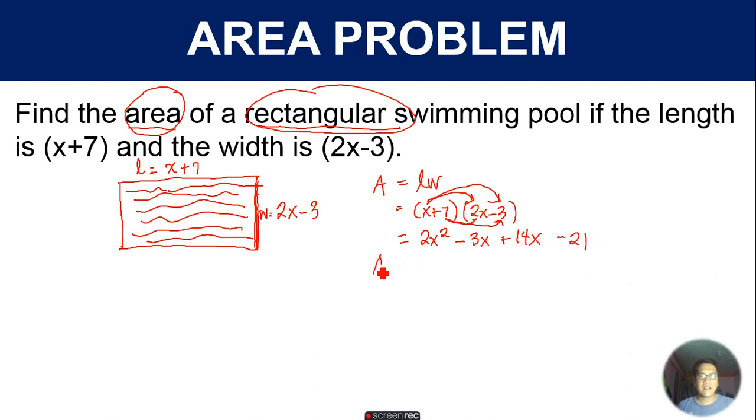And then, to get the area, you just simplify. Combine similar terms. So, this will be 2x squared plus 11x minus 21. So, this is our area. Alright. So, next.